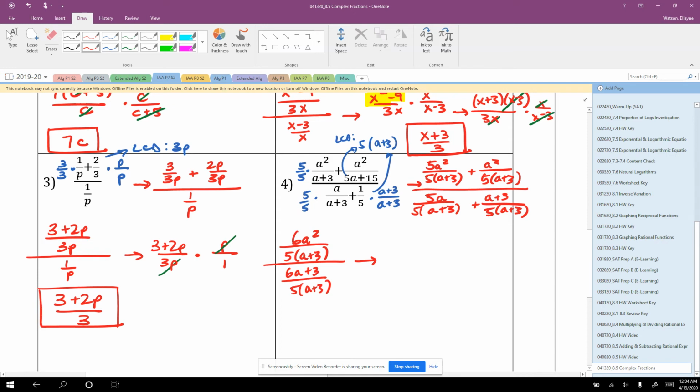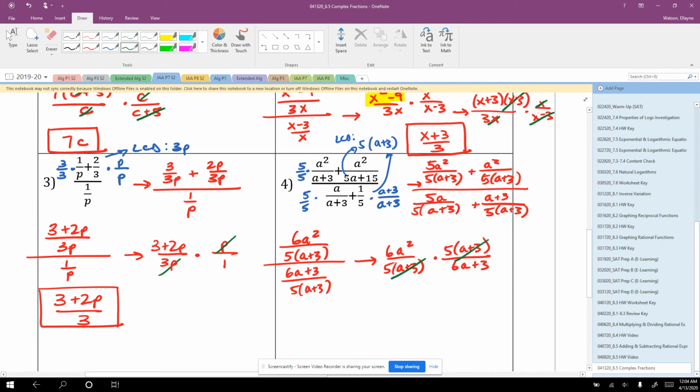Now we can flip it. Okay, so top stays the same. Now flip the second one, so multiply by the reciprocal. So now it becomes 5 times a plus 3 over 6a plus 3. All right, cancel out common factors. What can we do here?